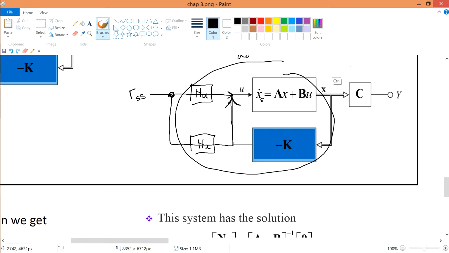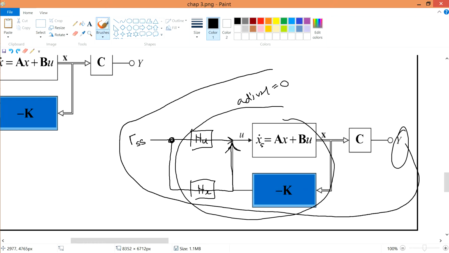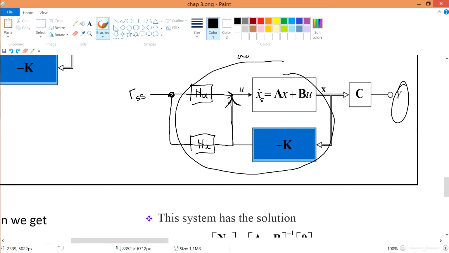Your RSS is equal to your Y. Your reference signal is equal to your output. And therefore, this is the purpose of this video: to give you a full iteration of how this full closed loop system works with regards to your reference signal, ensuring the reference signal is equal to your output eventually, using all the steps.